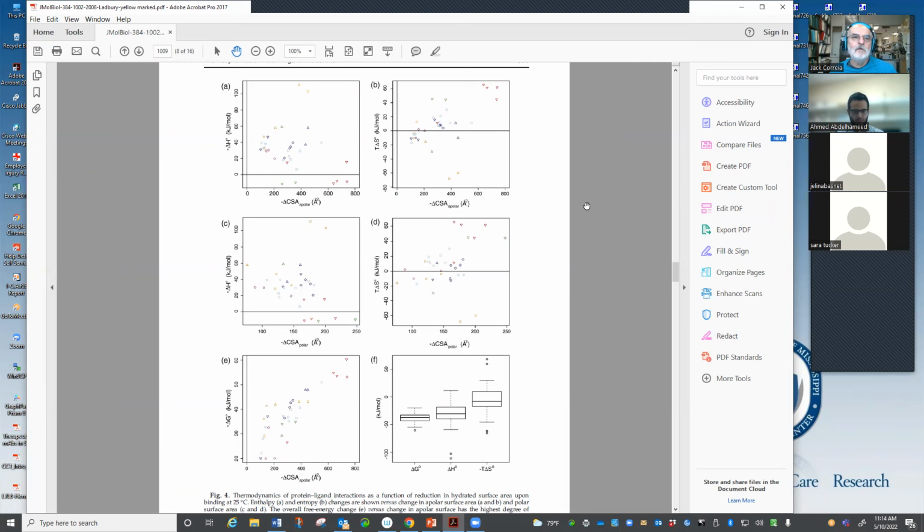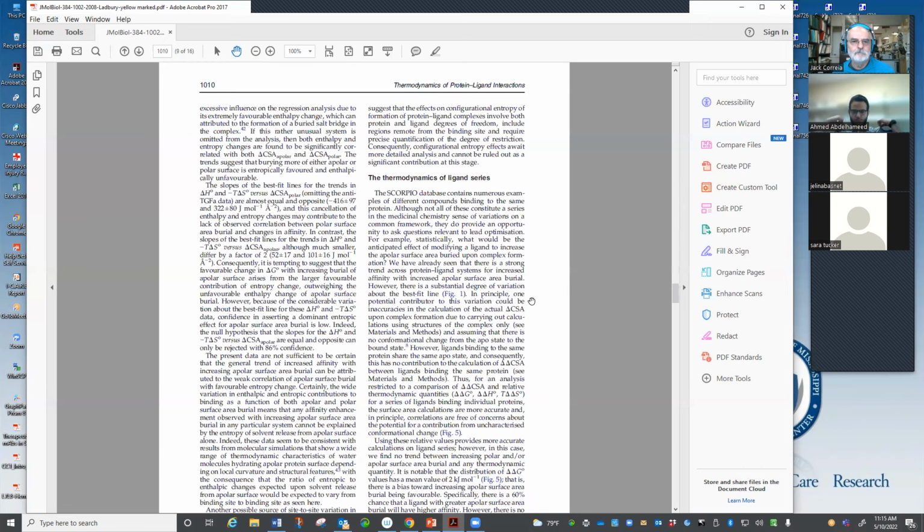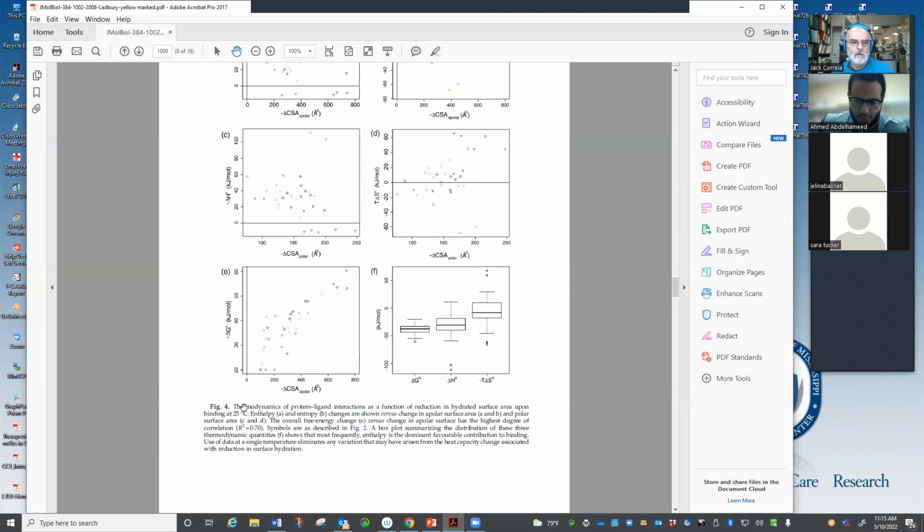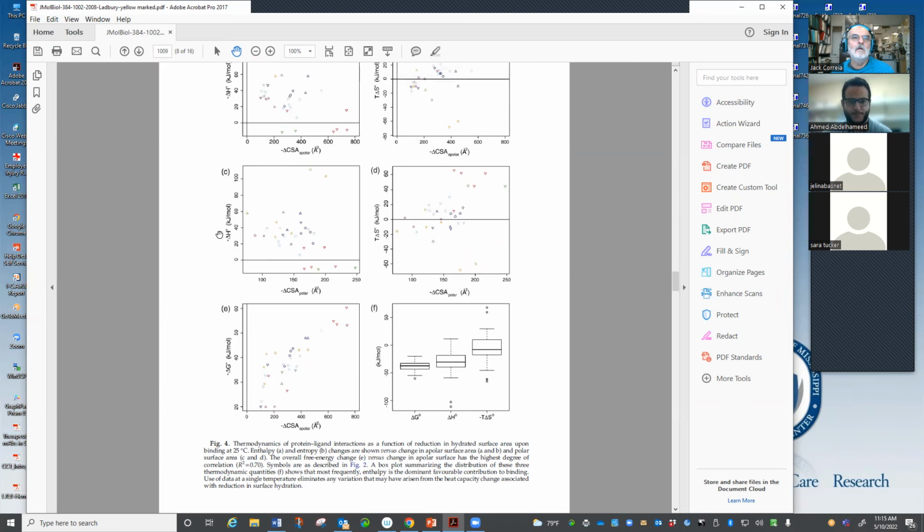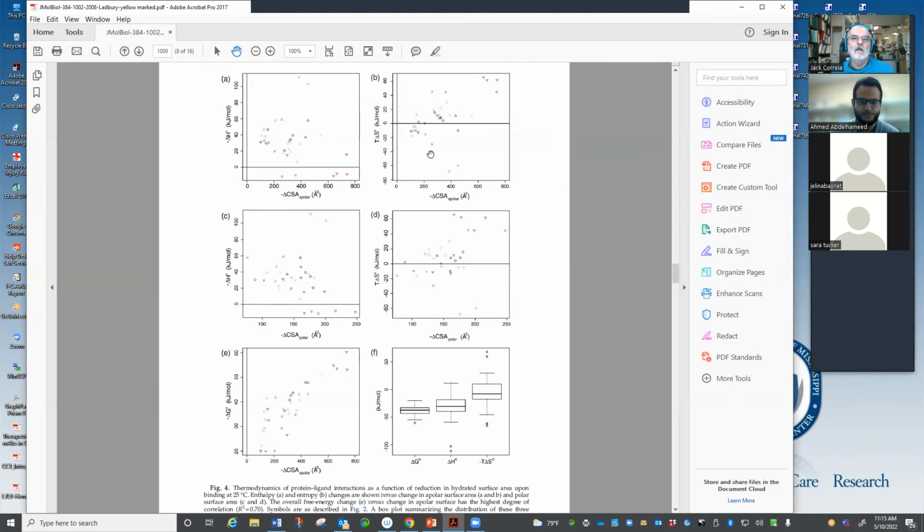So at this point, they say, okay, let's look a little deeper at this. And they create a series of plots where they look at enthalpy and entropy versus burial of apolar and polar surface.